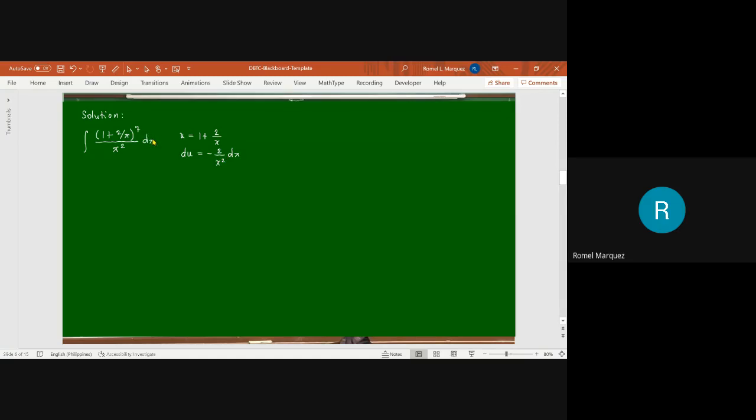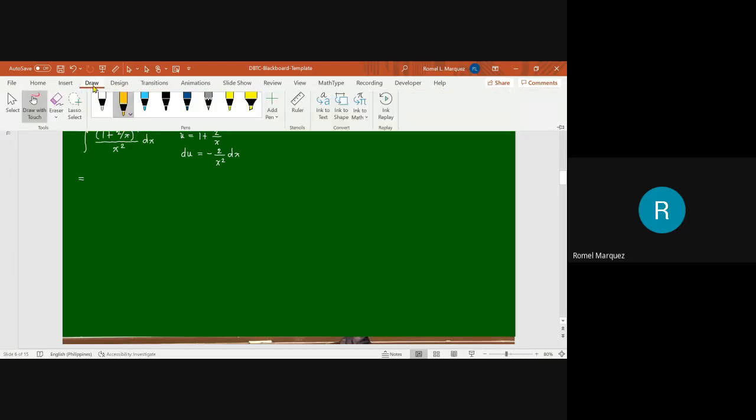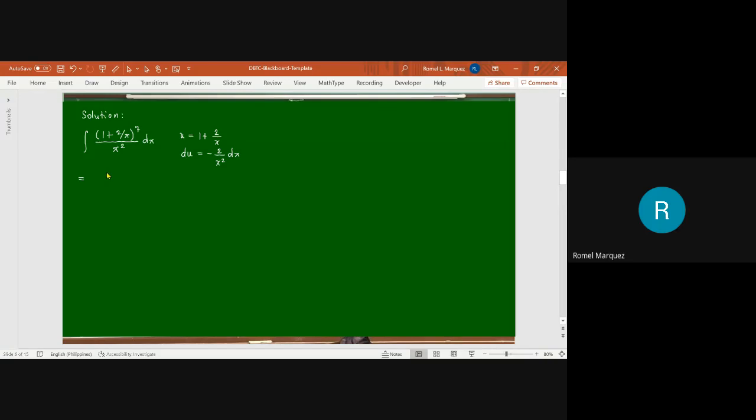So what do you want, u-substitution or direct? Indirect na lang. So I'm going to rewrite the given integral. We now have the integral of u to the n, and the remaining is supposed to be part of the du, and that is dx over x squared.